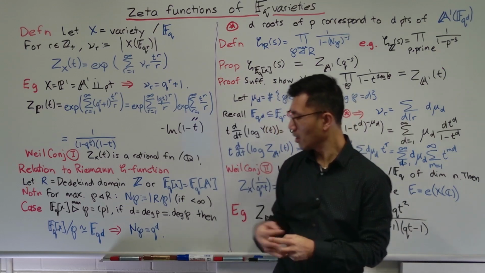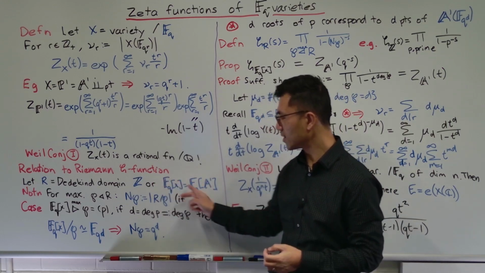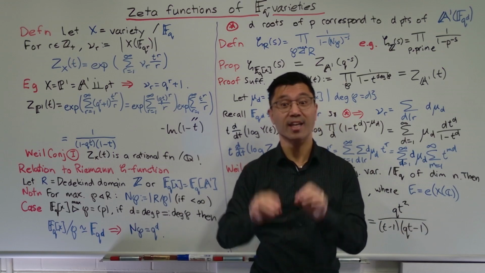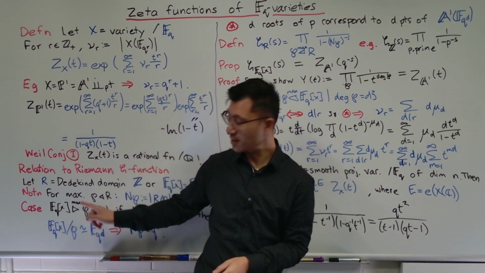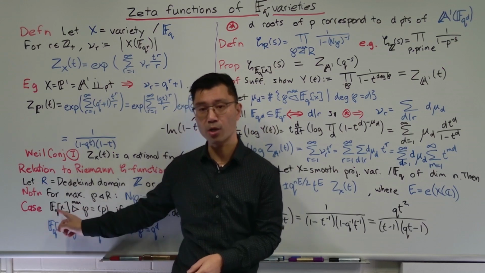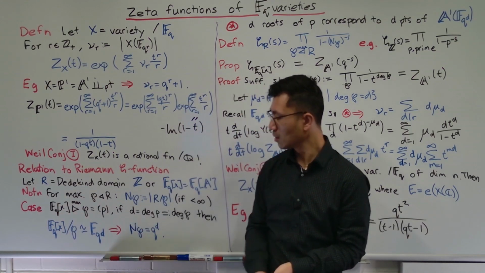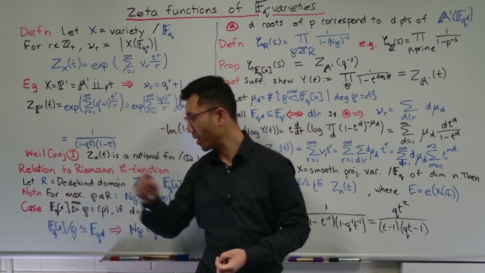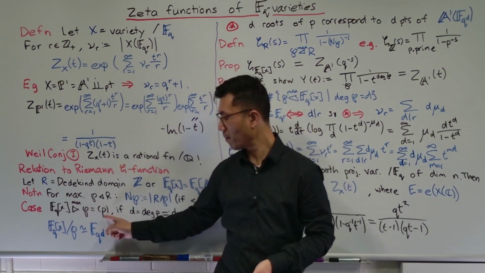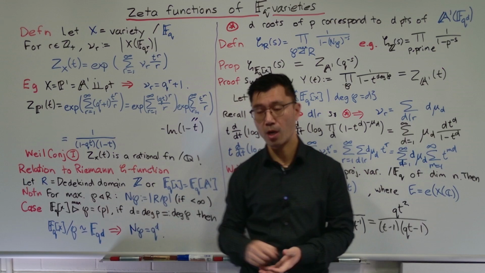Okay, so if you don't understand why that's true in the second example, let me look through that in greater detail for you. Suppose now P is a maximal ideal inside this polynomial ring F_q[x]. Remember, this is in fact a principal ideal domain, so it's generated by a single polynomial.